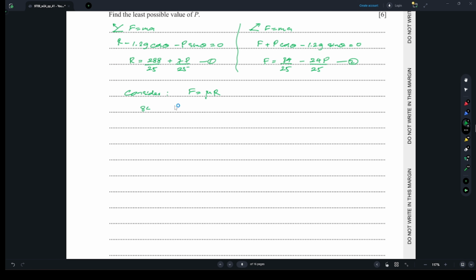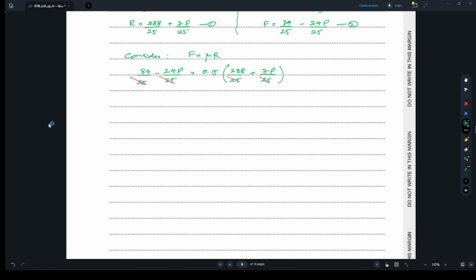So F is 84 over 25 minus 24P over 25, and mu, which is 1.4 we had previously, and R is 288 over 25 plus 7P over 25. So as you can see, the 25 is common, right? So you can cancel it out, because in each and every term we have this 25 in the denominator.